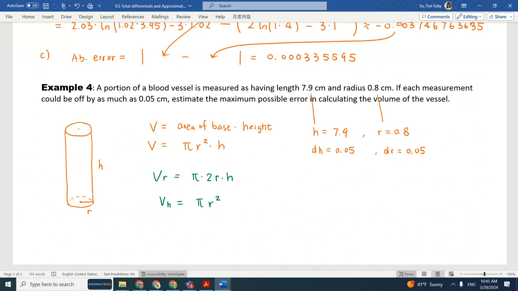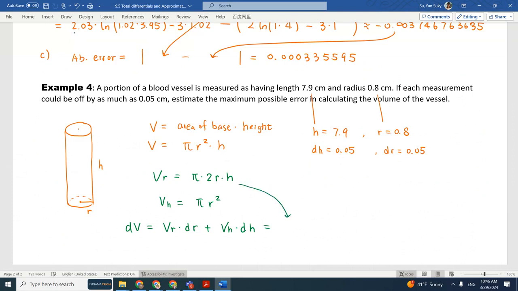Okay, now let's see. dV is then V_r times dr plus V_h times dh. Are you okay with this expression? Yeah, it's the same as dz is f_x dx plus f_y dy. Okay, what is V_r?